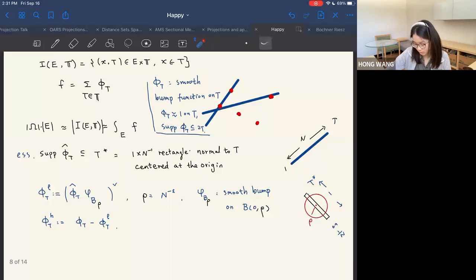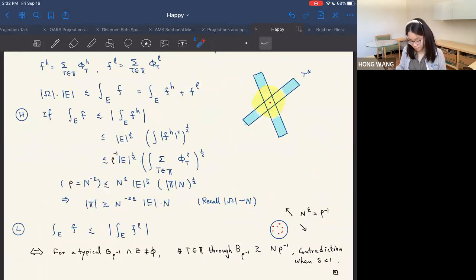For people in Fourier analysis, this setting might feel very familiar, because in a few recent papers on incidences for tubes, and also on decoupling and local smoothing, we have used this decomposition and this method to estimate incidences for tubes.